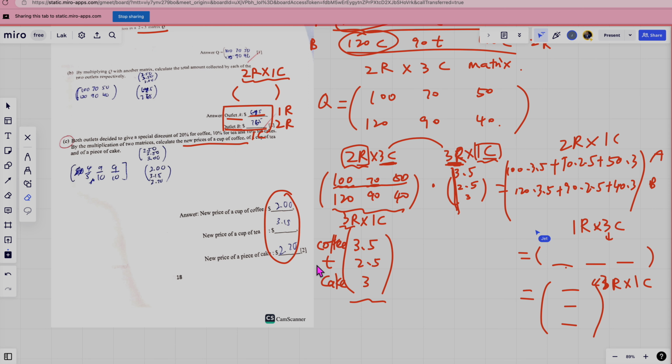So this one must be something times the 3 row times 1 column. Does it make sense? Yes. So by the multiplication of two matrices, calculate the new prices.